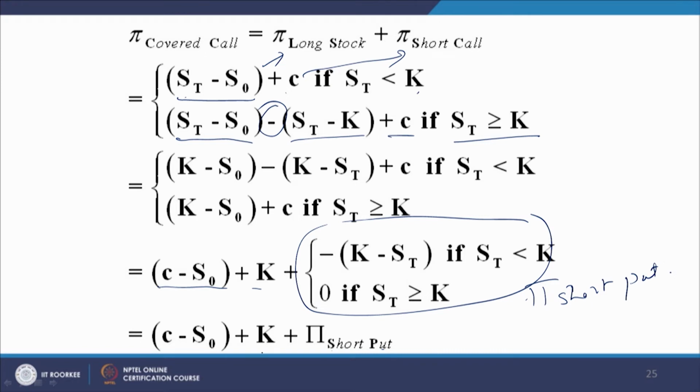So the profit function of a covered call is equal to C minus S0 plus K plus the payoff of a short put. And if you ignore the C here, you can say that capital pi of covered call is equal to K minus S0 plus capital pi short put.